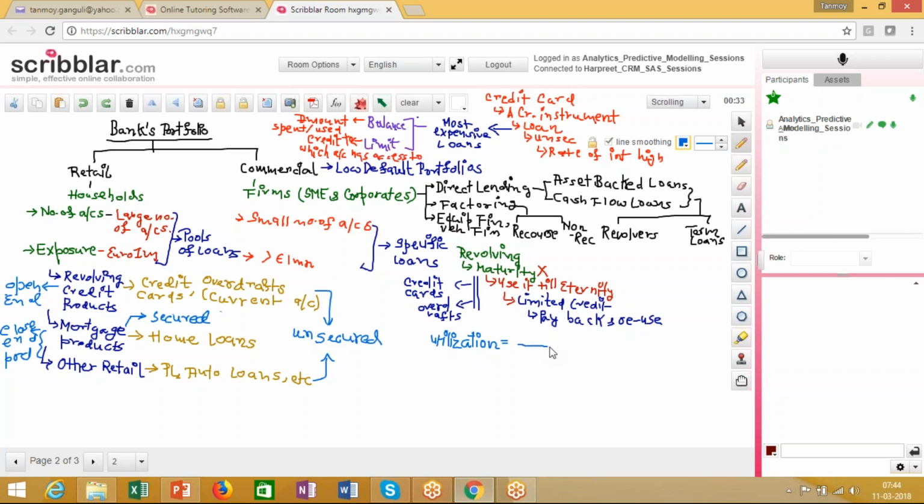So the denominator is limit, and the numerator is balance.